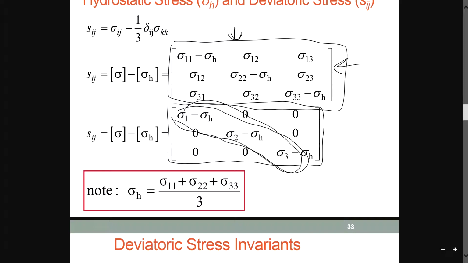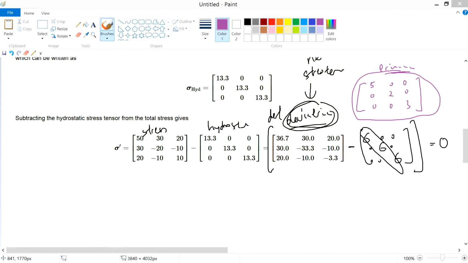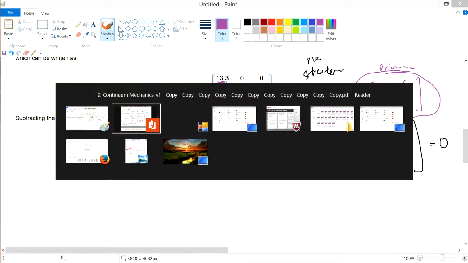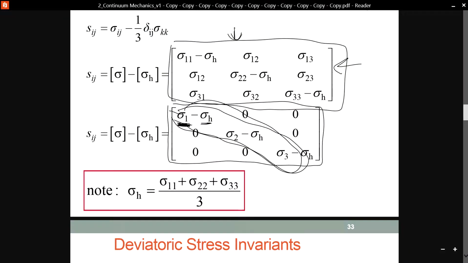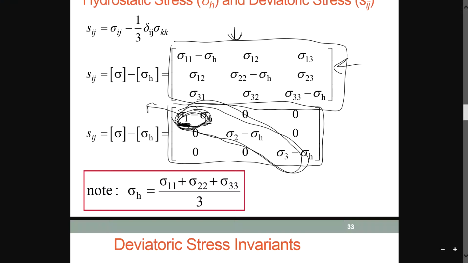When you have this, then you can find your sigma 1, because it's simply the deviatoric principal value plus the hydrostatic stress. For example, the value I showed you earlier is 5, and previously we know that our hydrostatic stress is 13.3, correct? So 5 equals sigma 1 minus sigma h.